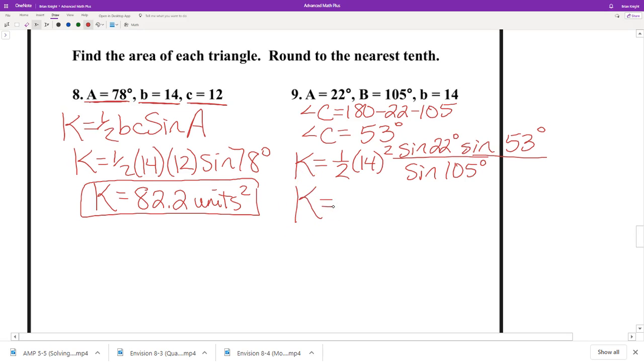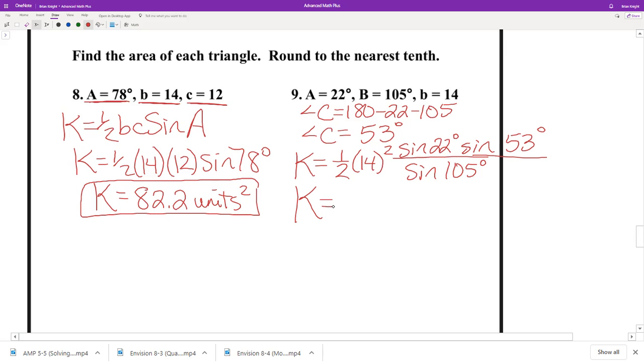And to be honest, that's a lot to put in your calculator at once. I don't recommend it. I recommend doing the top, hitting enter, and then dividing that by 2, hit enter, and then divide by sine of 105 and hit enter. You can put it all in at once, but it's a lot of parentheses.